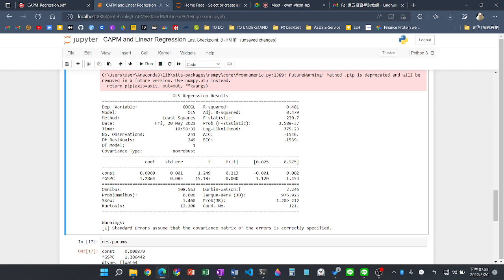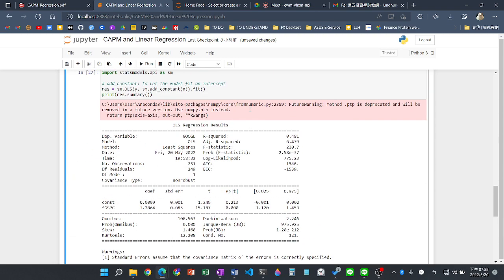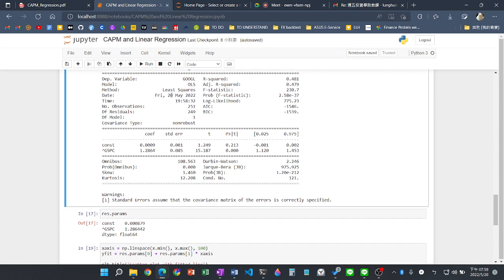It means that the return of the S&P 500 is a significant factor when it comes to predicting the returns of the Google stock here. And now we have this number here, but let's try to visualize it to let other people know how good our fit is.